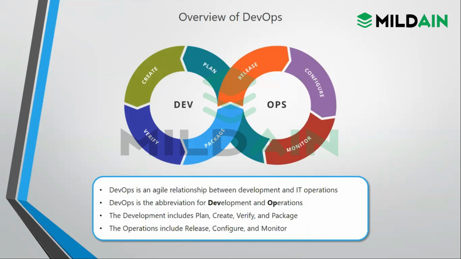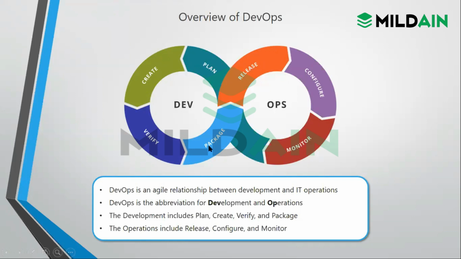So development is in an agile relationship, and it includes the development phase. The development phase has plan, create, verify, and package. Once this is done, it will go for release, configure, and monitor.